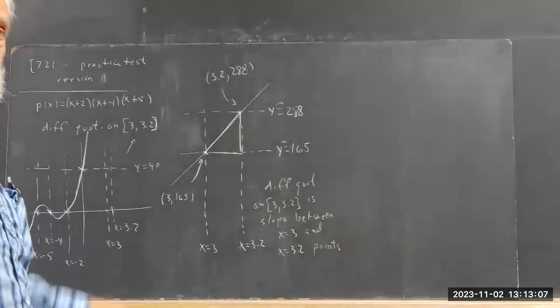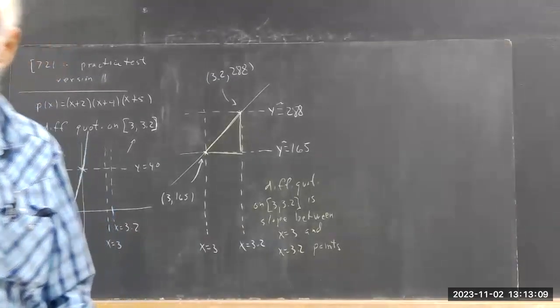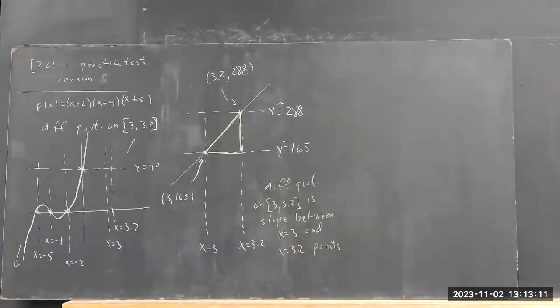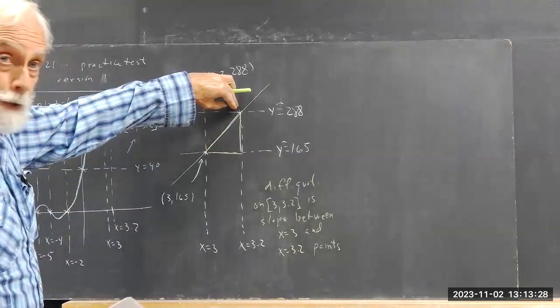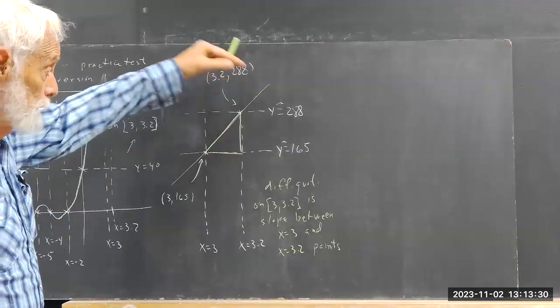There's a formula for it that I'll write down, but we don't really need it. A difference quotient on an interval, you just calculate the slope on that interval. How do you calculate the slope? You figure out the coordinates of the 2 points at the left end of the interval and the right end of the interval, and you find the slope.